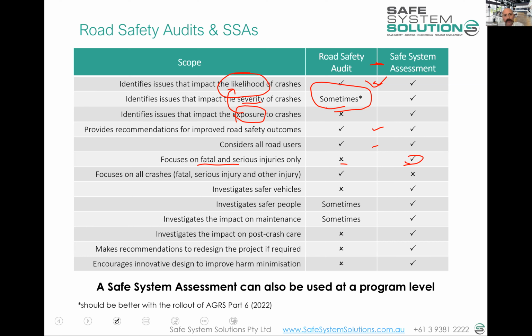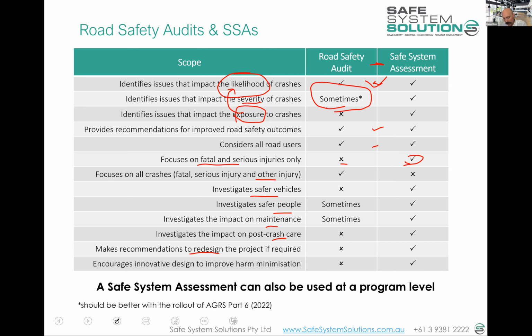That can be very valuable and helpful in a project. So I'm not saying that's a bad thing. I think it's just different. Then there's the other crashes. Investigates vehicles, people, maintenance, post-crash care. They're all through those qualitative questions in a safe system assessment. Makes recommendations to redesign the project if required.